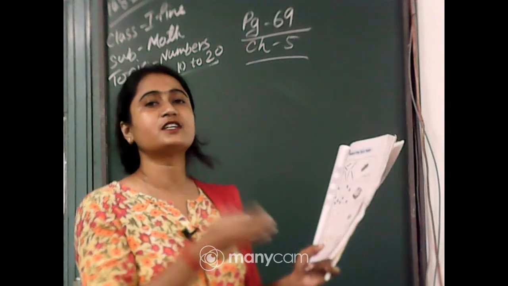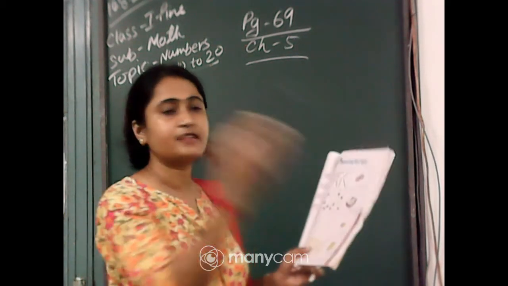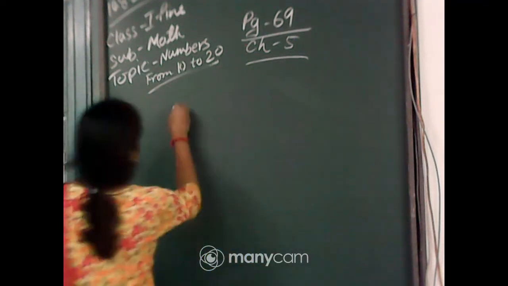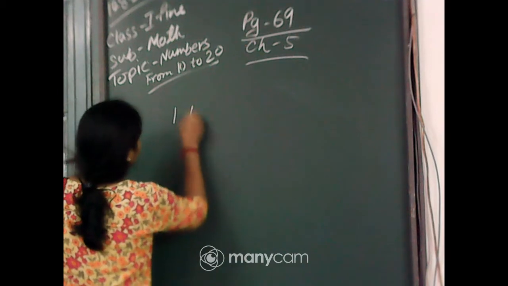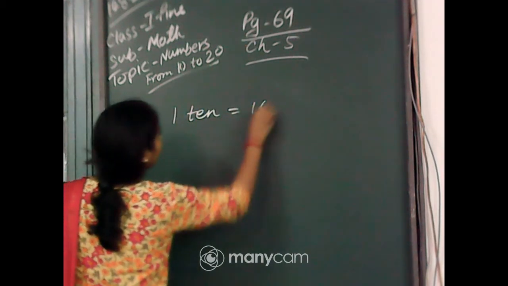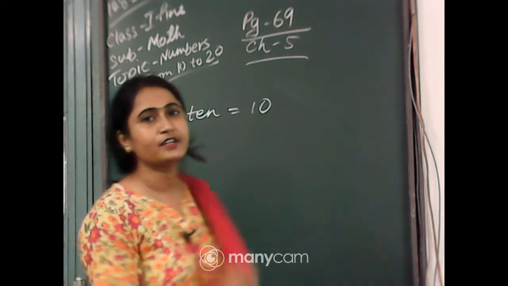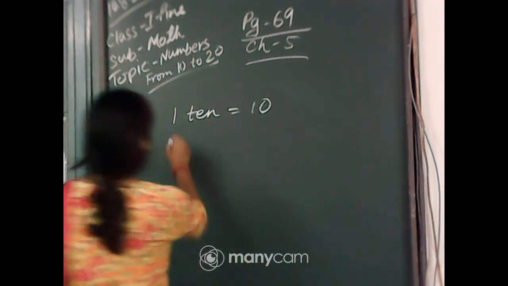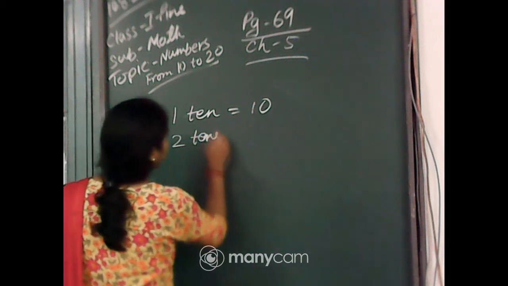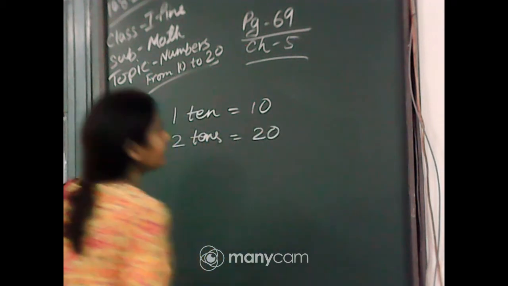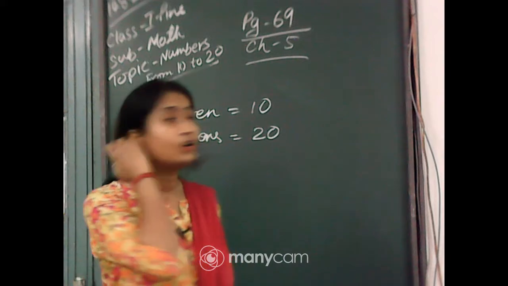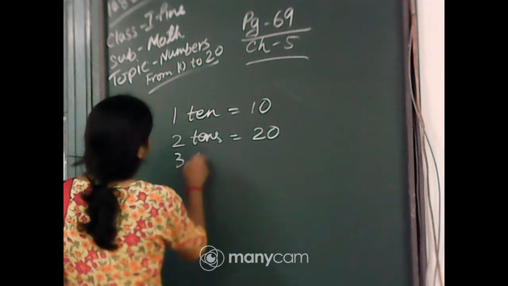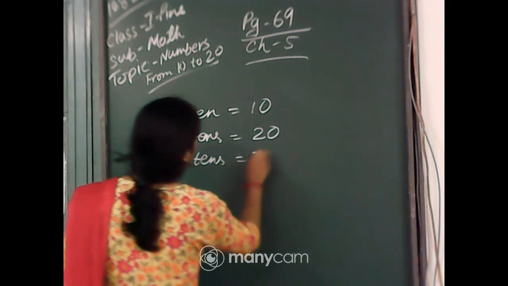You just count how many tens. If 2 tens, that means 20. Do you know 1 ten is equal to 10? 2 tens equal to 20 and 3 tens equal to 30.